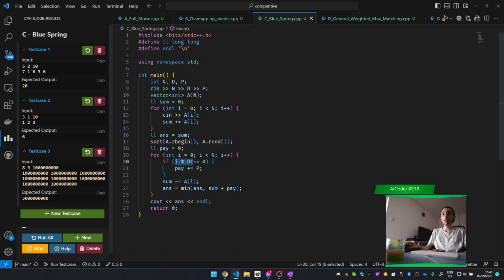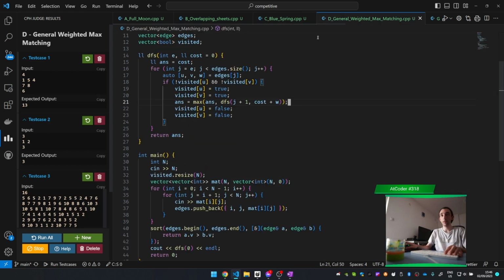So every time i divides D, we want to pay for a batch of D things, and the next D things that we paid for, we're just going to subtract from our sum, and the answer will be the minimum of whatever answer we had and the sum. This is the sum of the remaining things plus what we have paid already to subtract these high-value items. This is what the formula is, just simple mathematics.